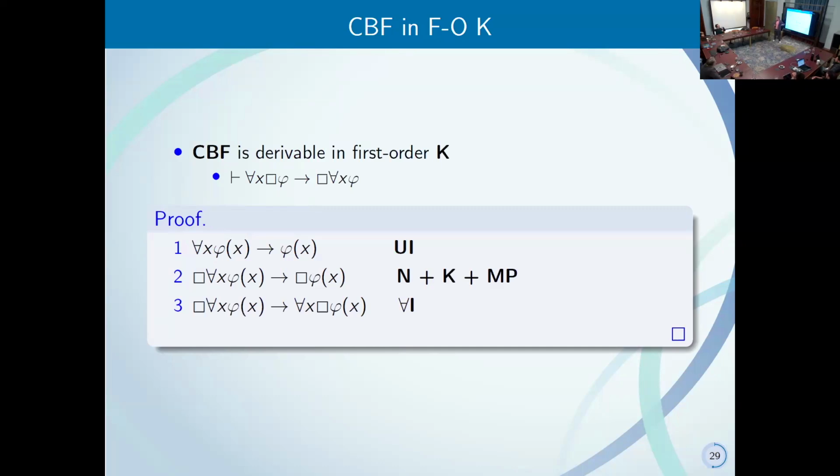Then we box the whole thing with the rule of necessitation. With the rule of K, we can distribute it over the implication. And then we apply all axioms. And the last one is here. This rule only needs that the thing on the left does not have x as a free variable. Since it does not have x as a free variable, we can put the universal quantifier in front. We've seen the converse Barcan formula actually is derivable with classical rules.